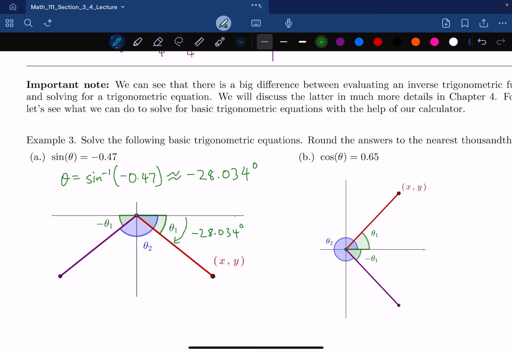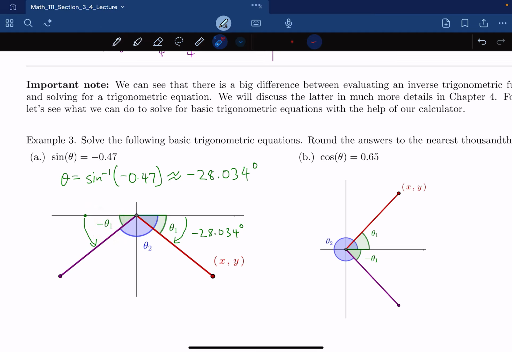And the way we think about this is that if theta 1 is our first answer, a negative angle, that means I'm rotating clockwise. Well, when I mirror to the left-hand side, to quadrant 3, I'm actually going to start at pi and rotate now counterclockwise. You see, this is why it is negative theta 1.